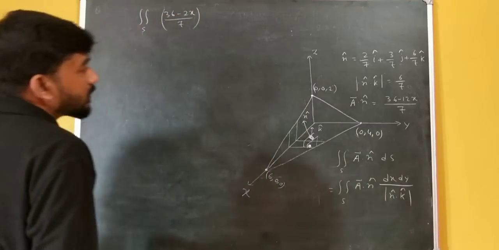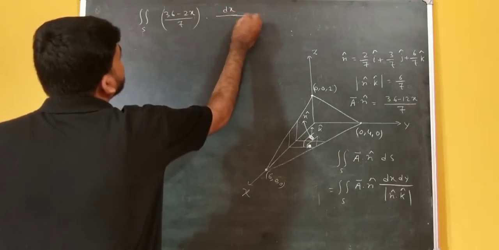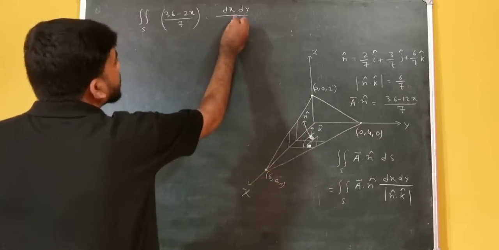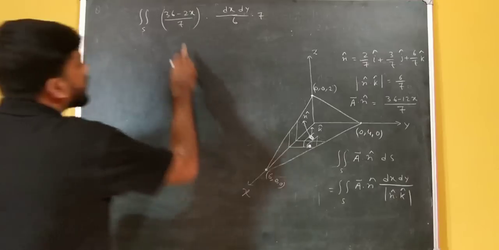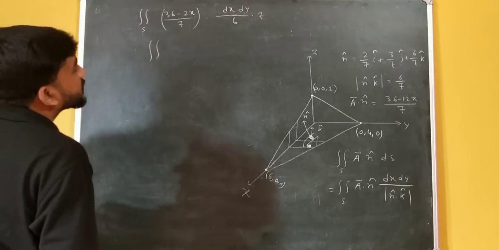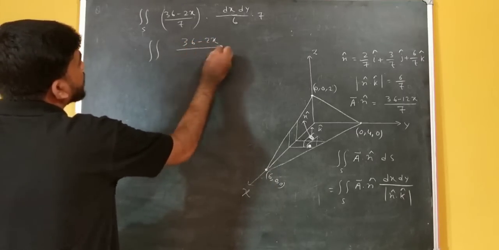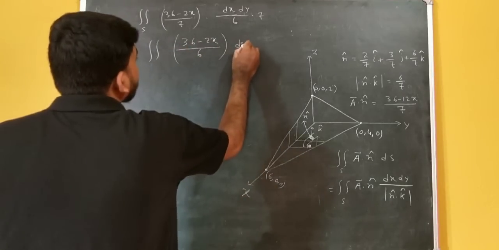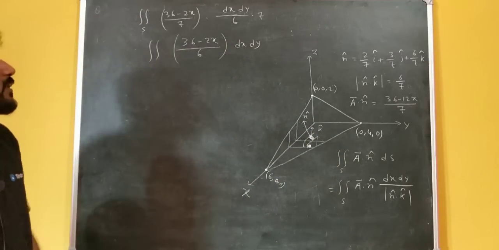Okay, and what is this is dx dy, divided by 6 by 7. So here is 6 by 7, and here is 7. This 7 and this 7 will be cancelled out. So it will be double integration 36 minus 2x divided by 6, okay, into dx dy. So this will be the final thing.